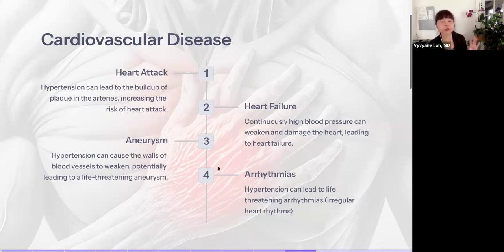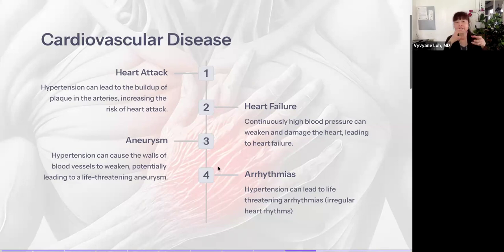You could also develop an aneurysm. So, again, when the blood vessel wall is under high pressure, it starts to weaken from the pressure and it starts to balloon out. So if you think of your garden hose, it might bulge out in certain areas over time as the wall starts to weaken.